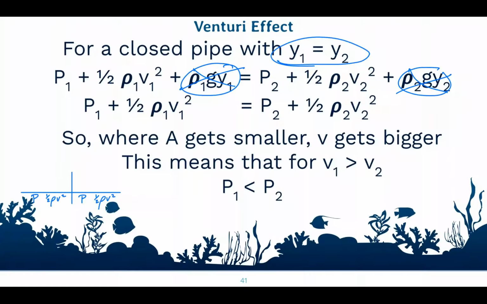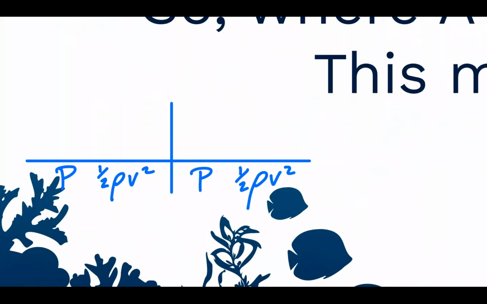So for example, let's take a look at this. If I'm thinking about my bar chart, if I have a big velocity, I'm going to have a big kinetic energy of the water. And that means that I'm going to have, let's say, just this much pressure. Well, on the other side, if I have a small velocity, where is the rest of this going to go?